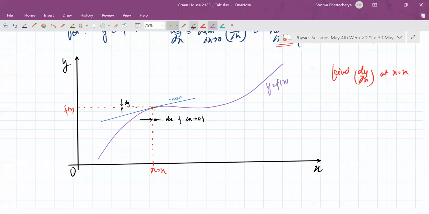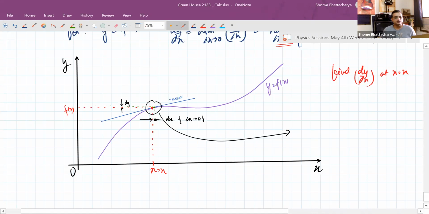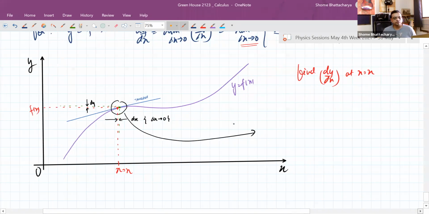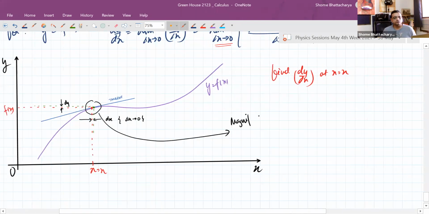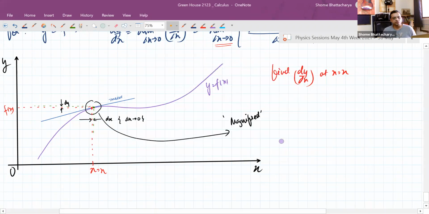Yes, sir. Okay. So now if I put this under a magnifier, what you are actually seeing under the magnifier is that, let's say this is how the function is going at that point, and this is the point x equal to x, and the corresponding value is f(x).